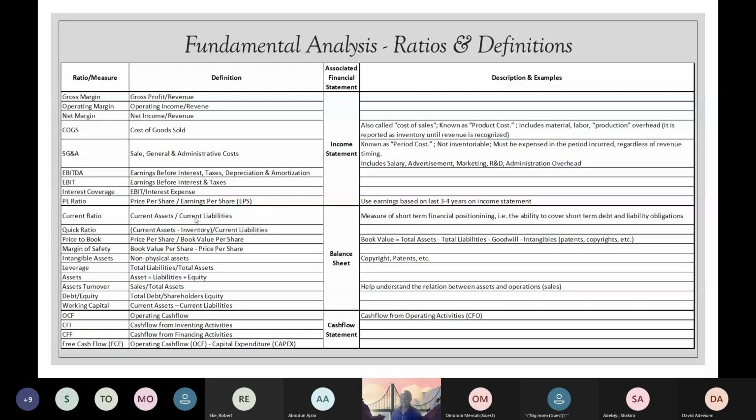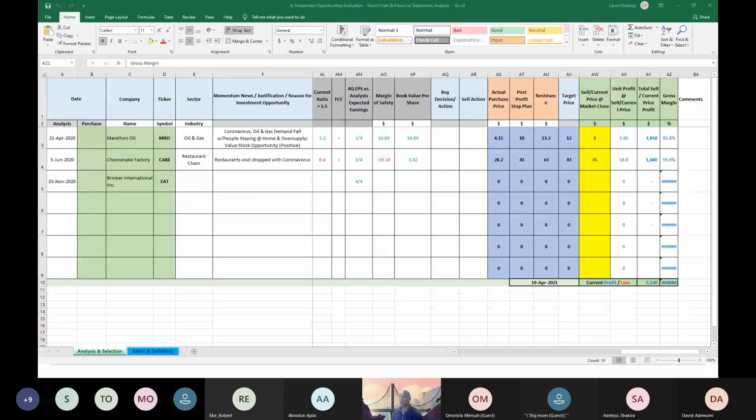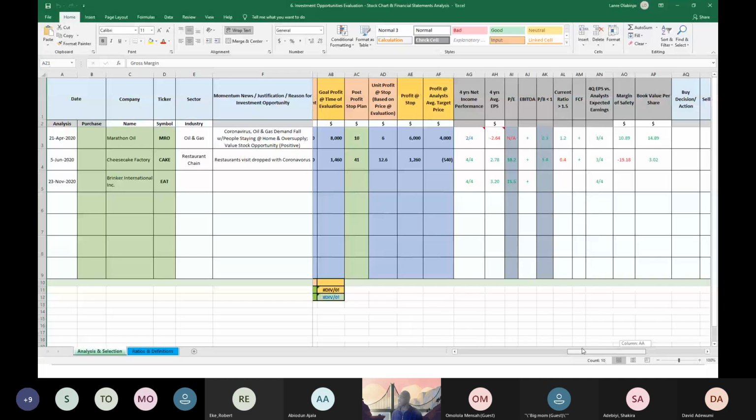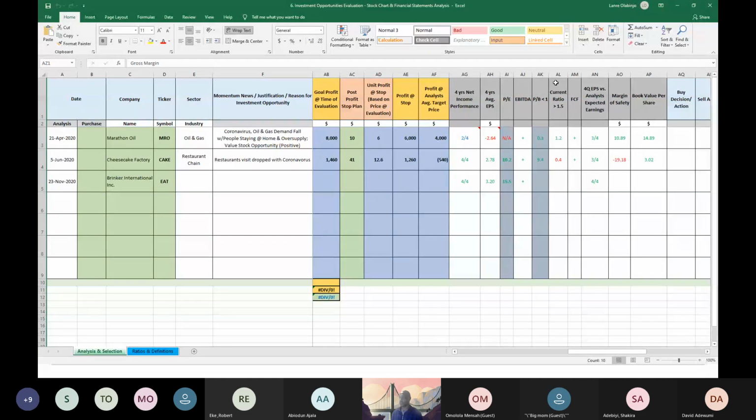So when you look at that spreadsheet that I gave you, one of the things that I want you to state there is the current ratio. Okay, and I have here that ideally you want to look for a company that has a current ratio of 1.5 or more. What that means is their liability is completely covered and they still have money left over in their pocket.